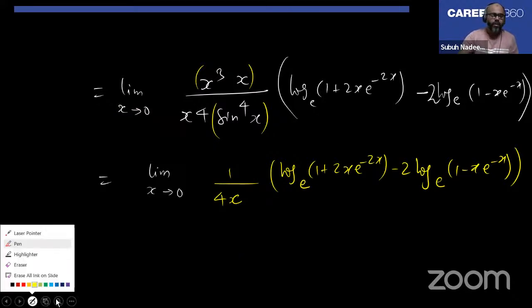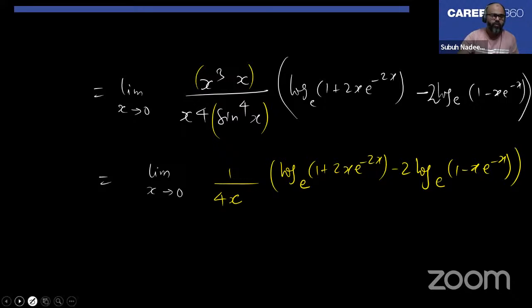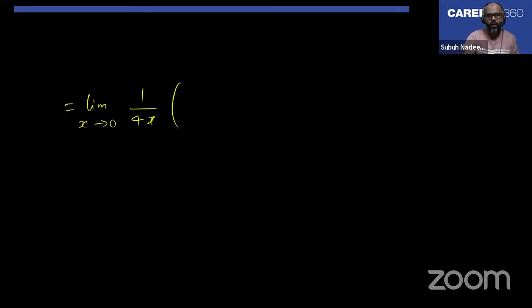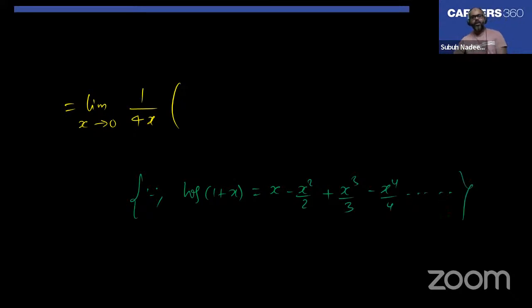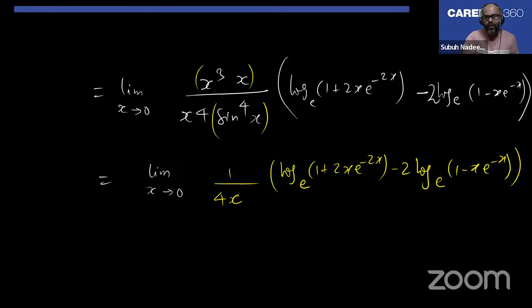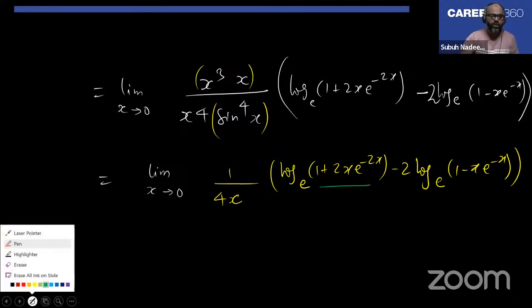If you remember, what is the formula for log? When we expand log, log 1 plus x is equal to x minus x square by 2 plus x cube by 3 minus x to the power 4 by 4, and so on till infinity. This is what happens. Now here it is 1 plus 2x e to the power minus 2x.